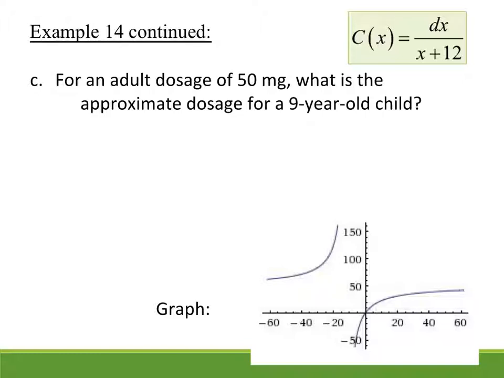So for an adult dosage of 50 milligrams, what is the approximate dosage for a 9-year-old child? Well, we just plug in.